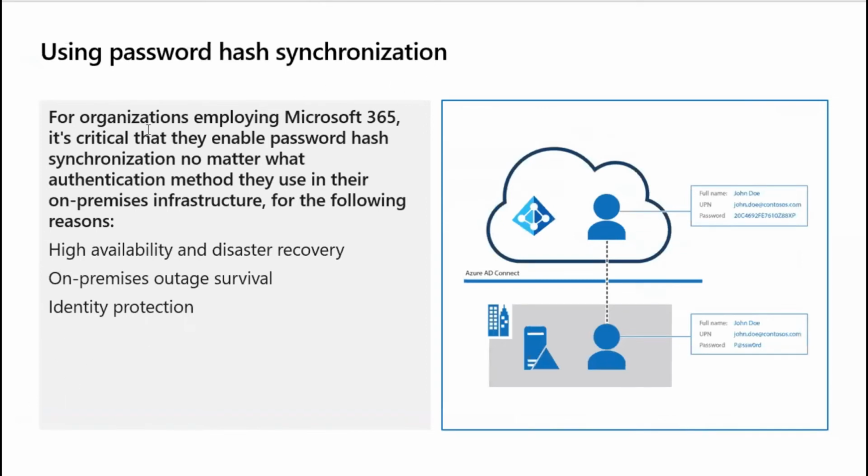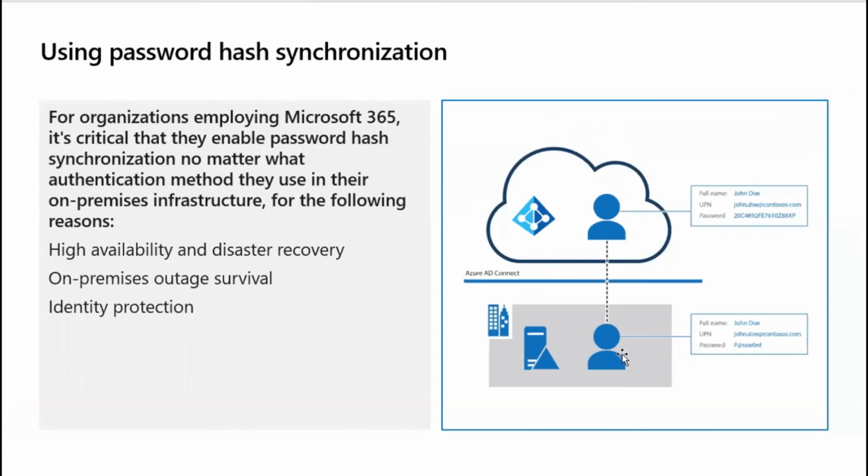Password hash synchronization: for organizations employing Microsoft 365, it's critical that they enable password hash synchronization no matter what authentication method they use in their on-premises infrastructure, for the following reasons: high availability and disaster recovery, on-premises outage survival, and identity protection. So password hash synchronization has some advantages.